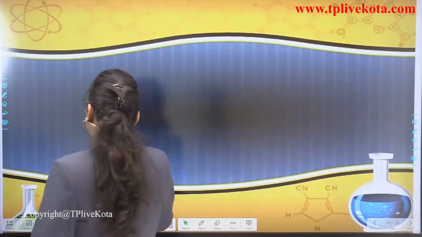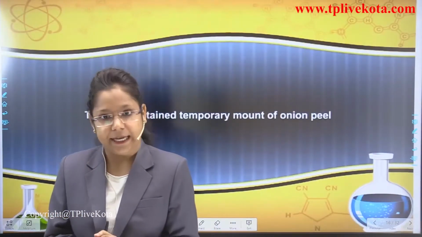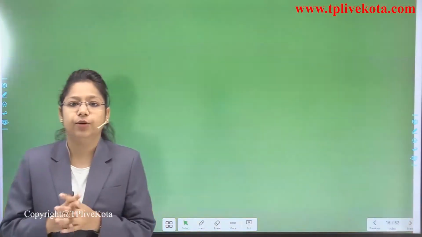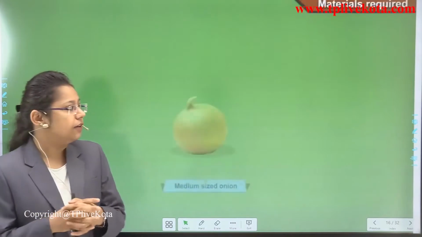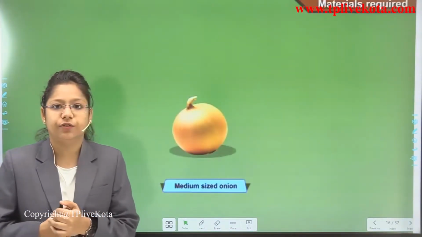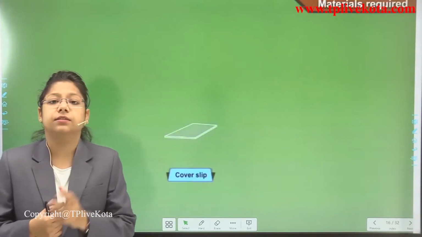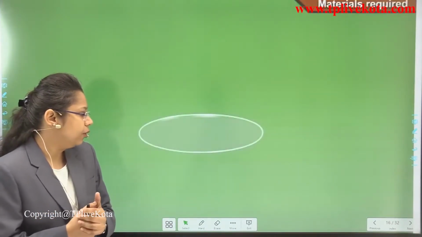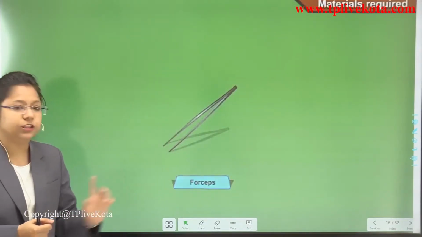Okay, so let's start with our procedure of making a slide of an onion peel. The first thing you have to do is take the materials required for making the glass slide. So first you have the slide over here, the medium sized onion, and the cover slip. You can see in this video the forceps are also available.